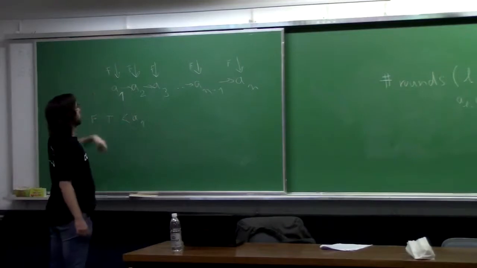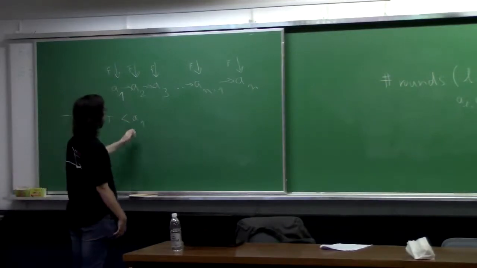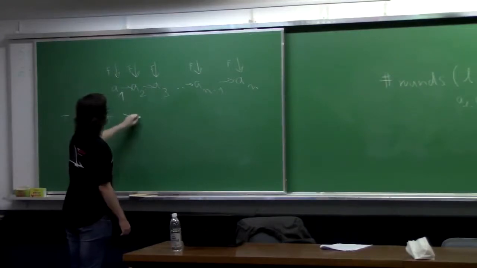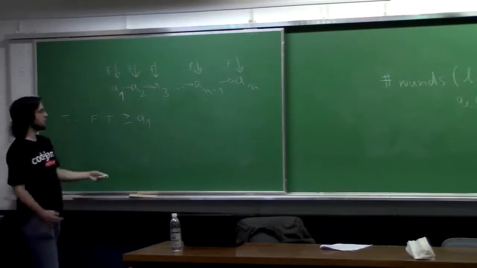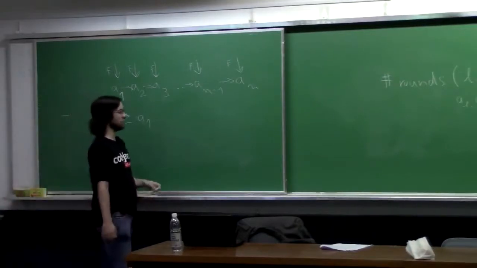We can just discard pond A1. But if f times t is at least A1, or greater than A1, it doesn't matter, it's the same case.